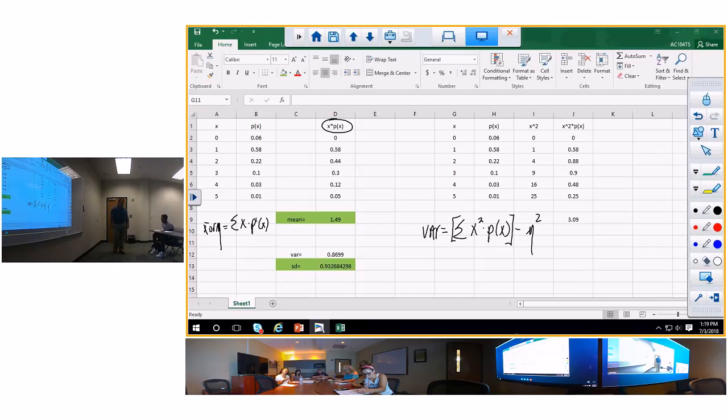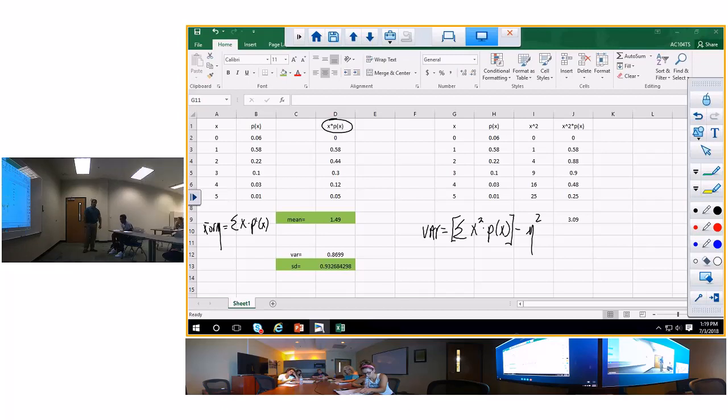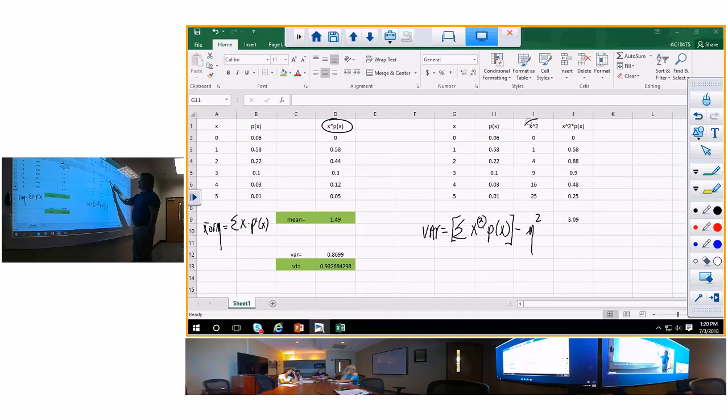So many students put down the formulas in their notebook and say, okay, what does that mean? What do I do? Read the formula. Don't just ask me, because I'm not going to tell you. I'm going to tell you to read the formula. You take x, and what do you do to x? You square it. That's what I did right there.